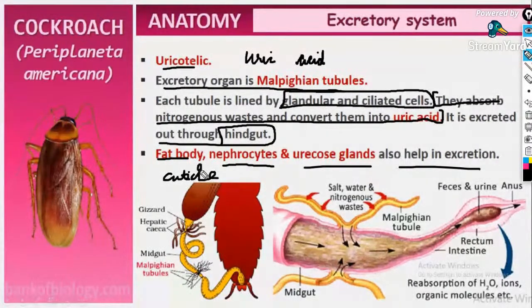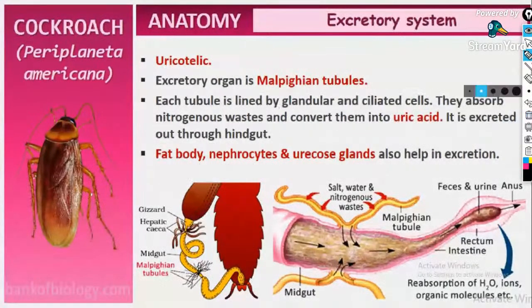In case of humans, our main excretory organ is the kidney, and other than that, lungs and skin also serve as excretory organs. So in case of cockroach, the main excretory organ is Malpighian tubules, and fat body, nephrocyte, uricose gland, and cuticle also serve for the purpose of excretion. Okay.